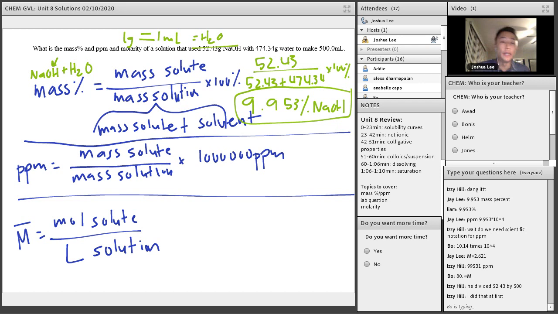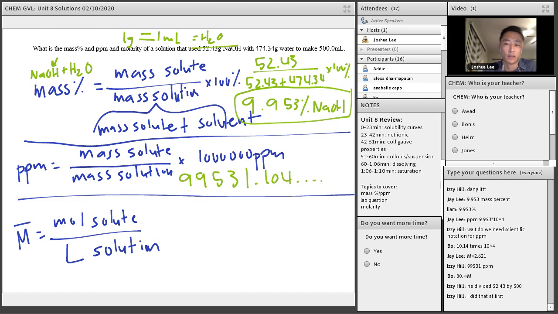So for the ppm, the fraction's still exactly the same, but now we're multiplying by a million instead. So 52.43 divided by 526.77 times 1 million. You get 99531.104... 4 sig figs.